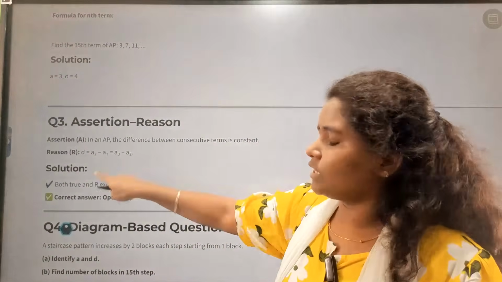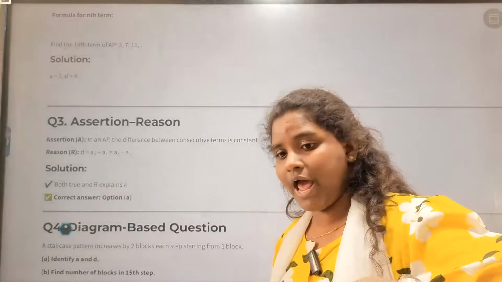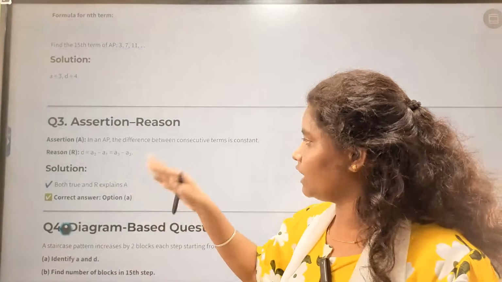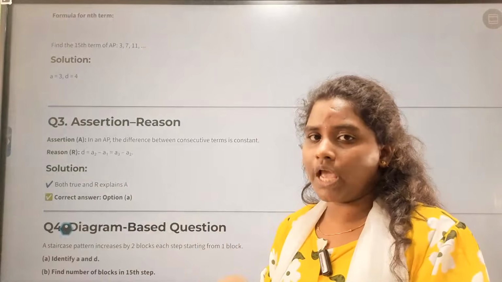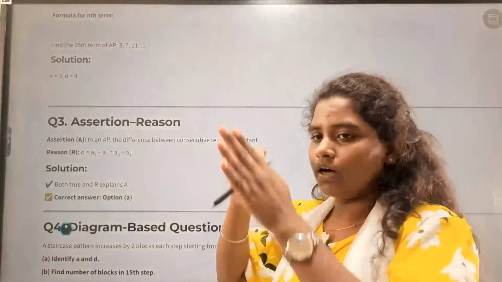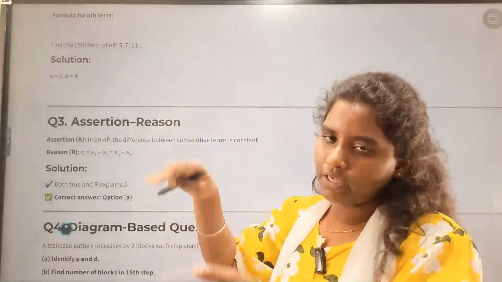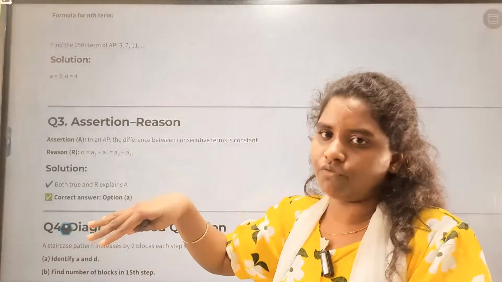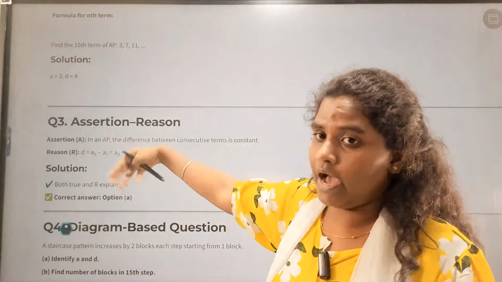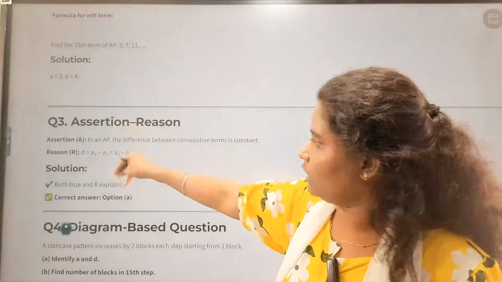The reason is given as d is equal to the common difference, d is equal to a2 minus a1, which means the second term minus the first term, then the third term minus the second, fourth term minus the third, fifth term minus the fourth, like that. So if I apply the concept here, then it's satisfied.